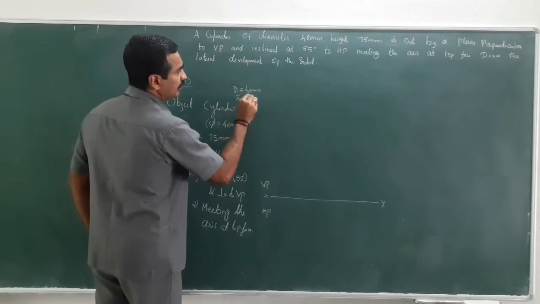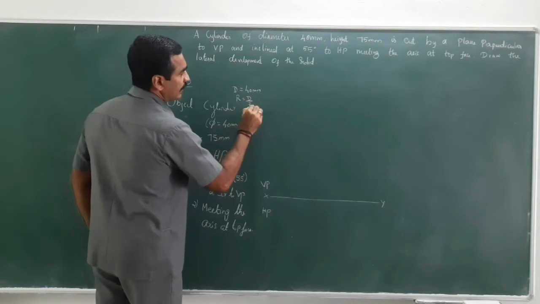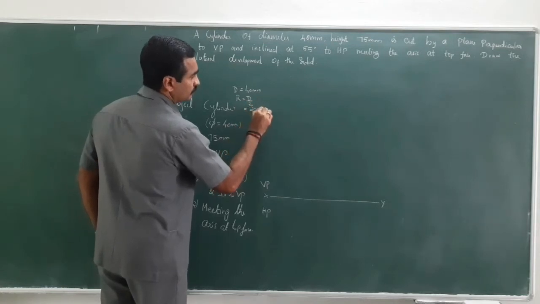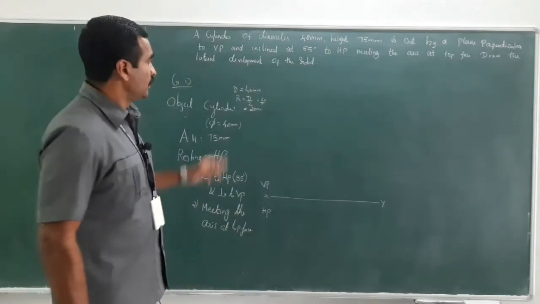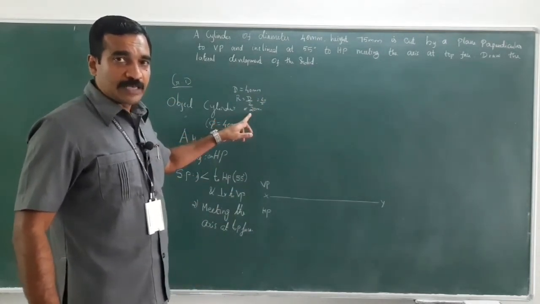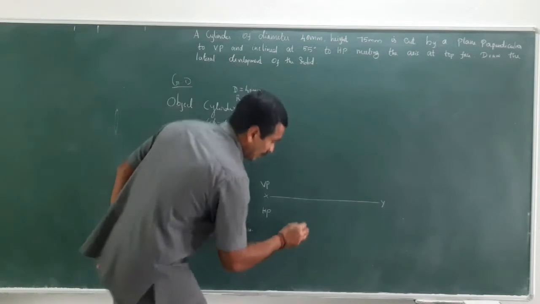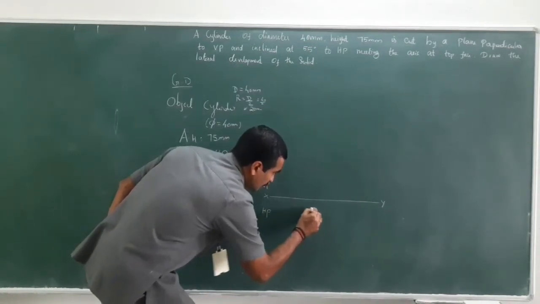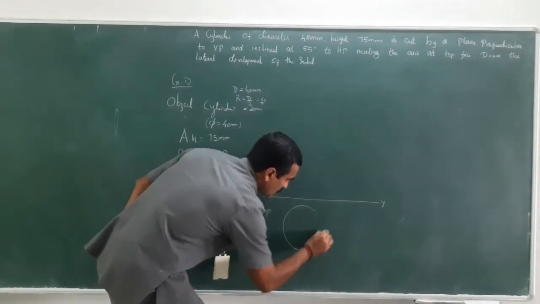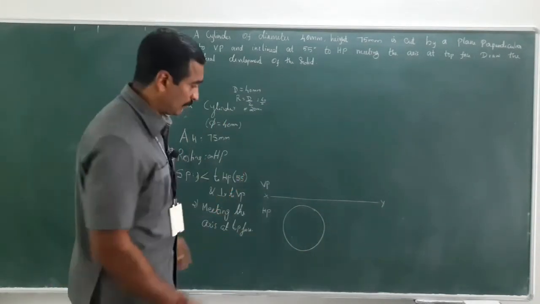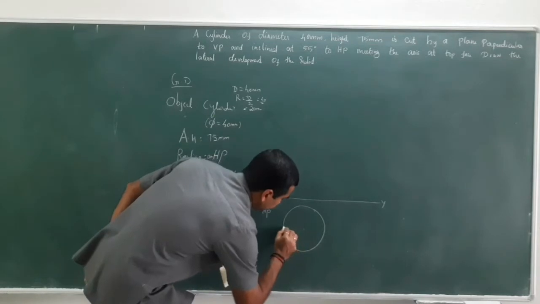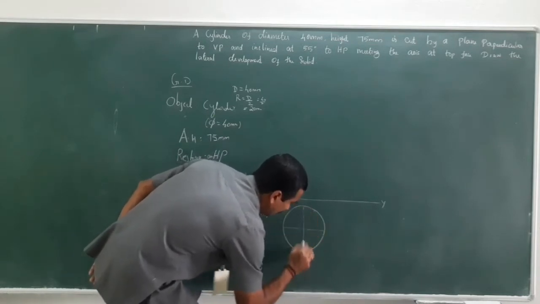Therefore, R is equal to D by 2, which is 40 by 2, that is 20 mm. I have to take the radius as 20 mm, choose a point and draw a circle of radius 20 mm. And this needs to be split into 4 equal parts.